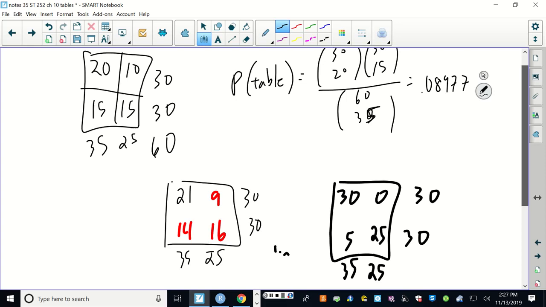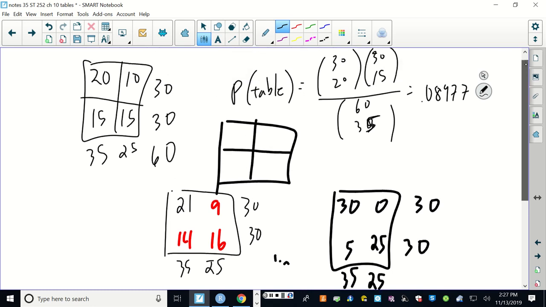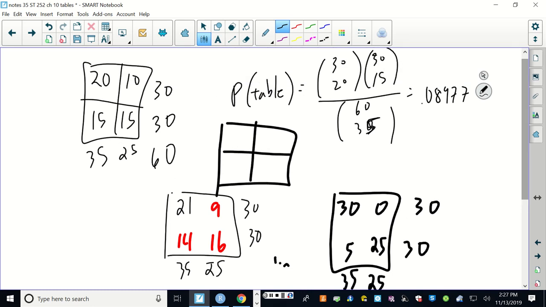So in our little example of 20, 10, 15, 15, what would we actually expect under independence? Maybe we can do something like this. It's this total divided by this, so 30 times 35 over 60. 30 over 60 is 1/2, and 1/2 of this is 17.5.